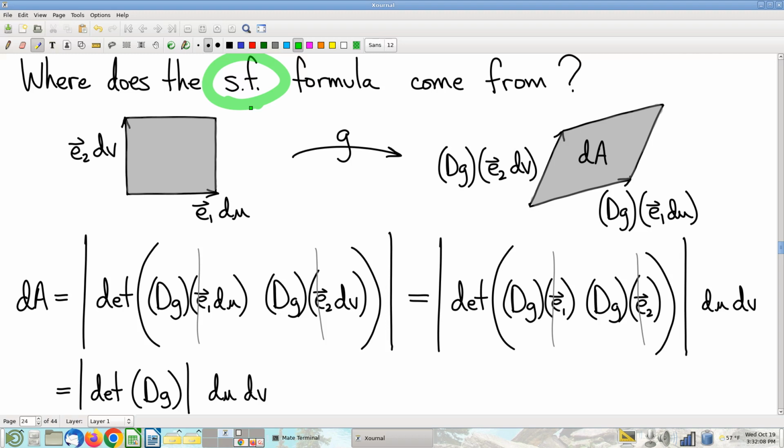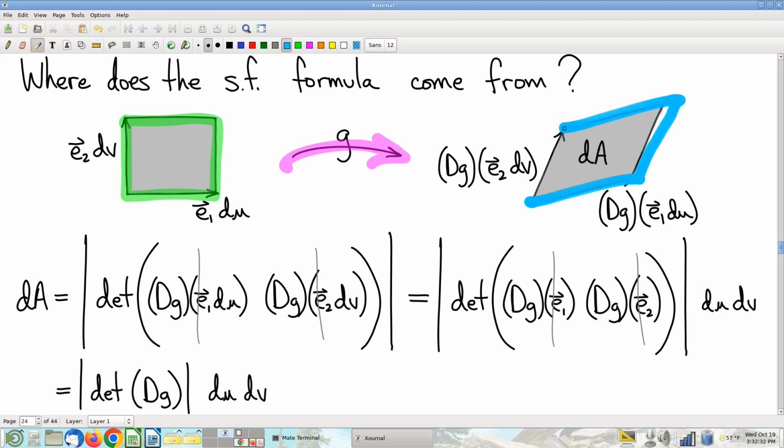Okay, so remember the big idea is that if you have a little piece of area in your pullback domain, you might call it the first domain, however you want to say it, the change of variables function pushes that forward and distorts it in various ways to make its image.